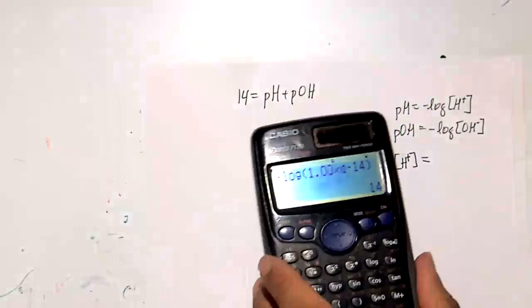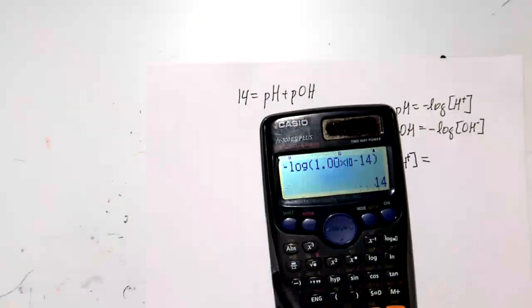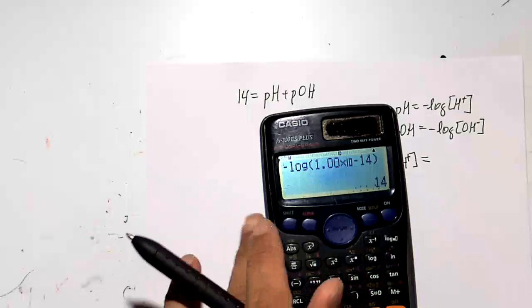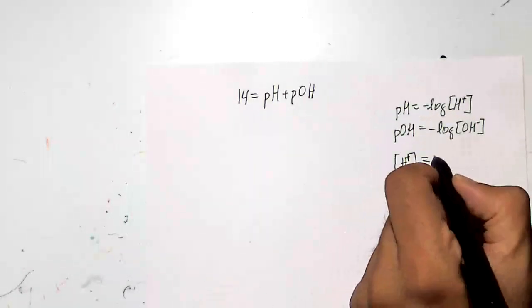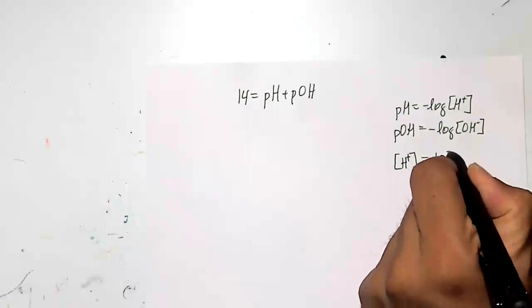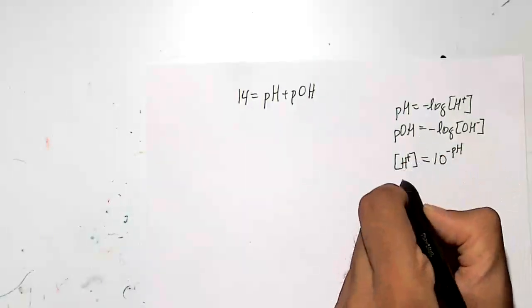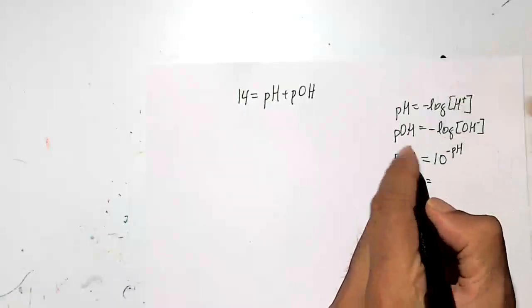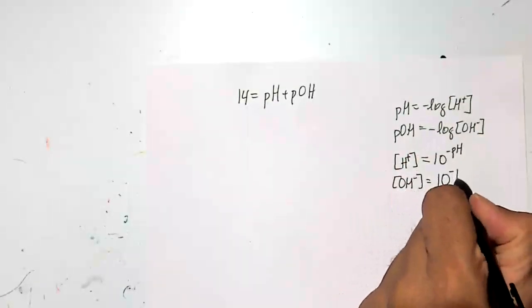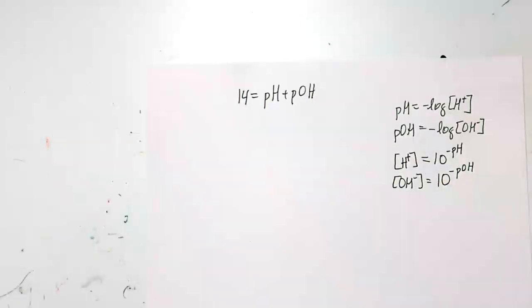Anti-log on your calculator is 10 to the power of x, so you do shift that number. The hydrogen ion concentration in moles per liter is 10 to the power of minus pH, and the hydroxide ion concentration is 10 to the power of minus pOH.